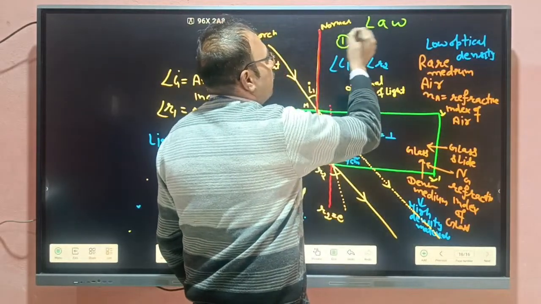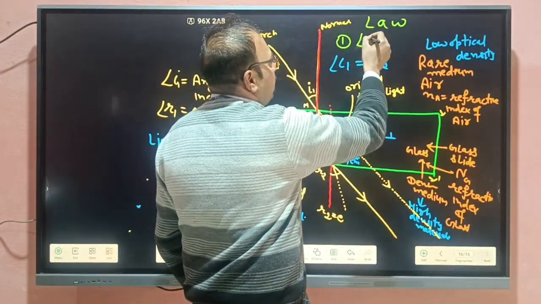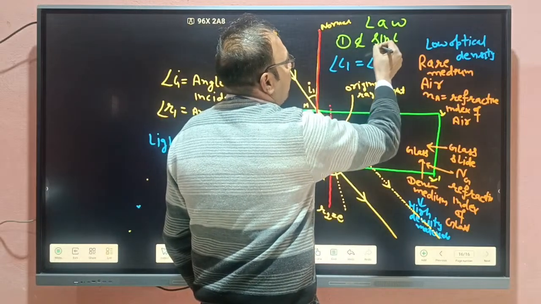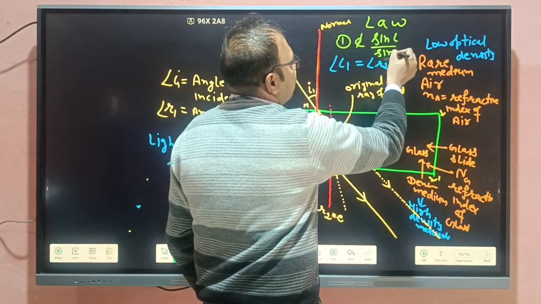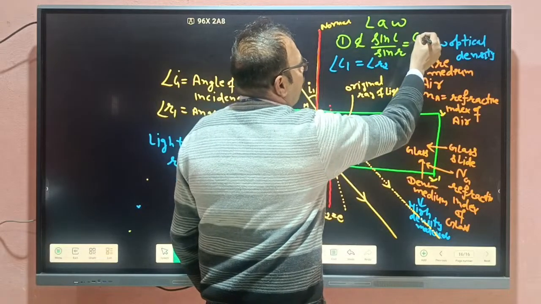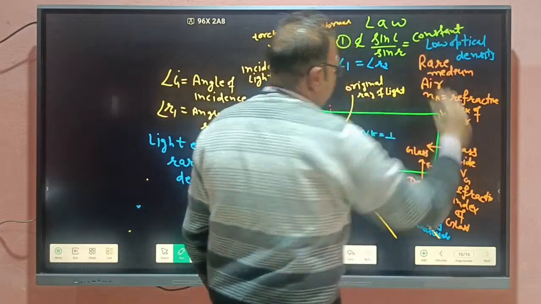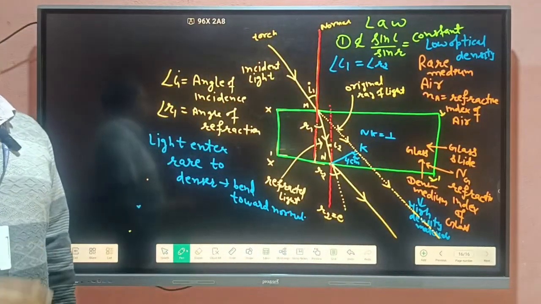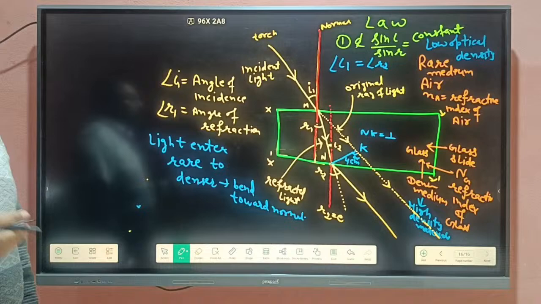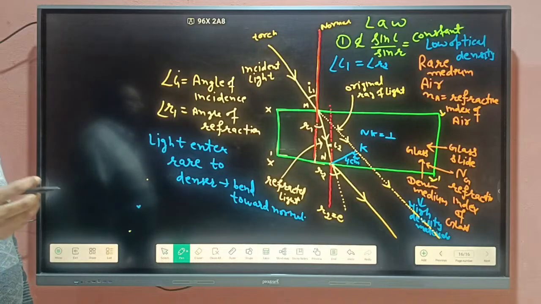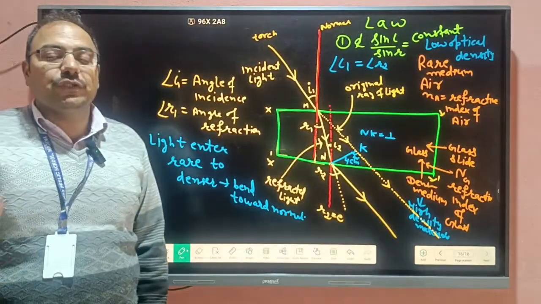So we can write sin I by sin R is equal to constant. Okay, so this is the first law. What is this constant quantity here?